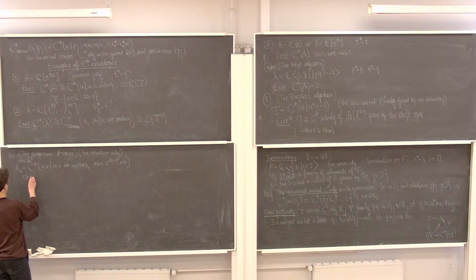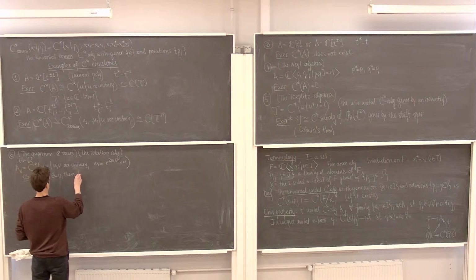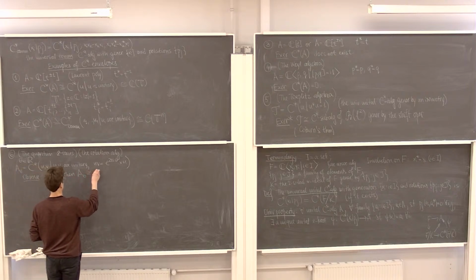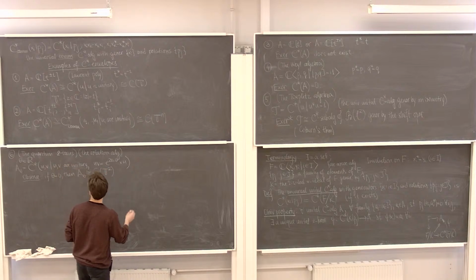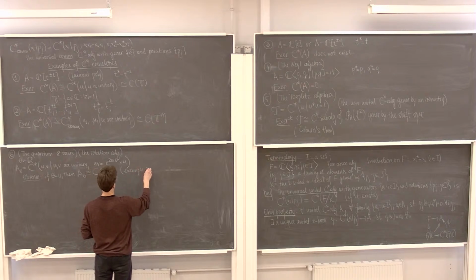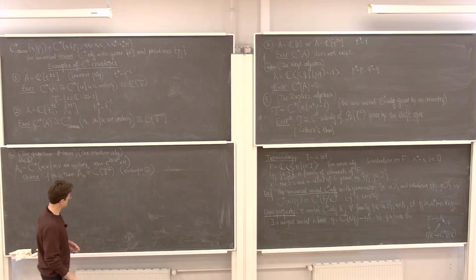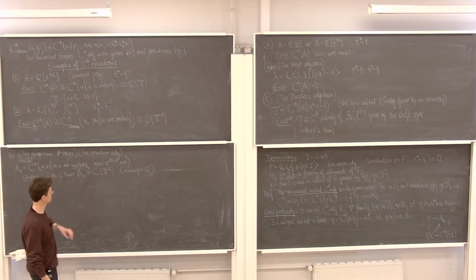So let's observe that if theta is 0, then A theta is isomorphic to the algebra of continuous functions on the two-dimensional torus. This is example 2. In the general case, if theta is not 0, then this algebra is non-commutative.